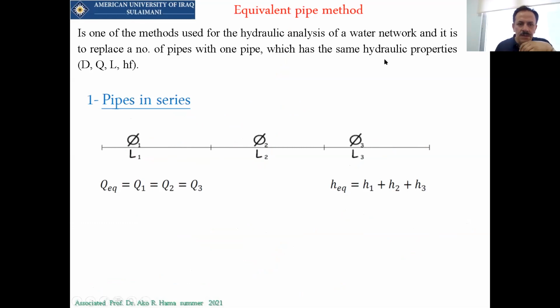Yes, doctor. Okay, so the flow will go through this way and this way and this way. I have a pipe, another pipe, and the idea is to hold the same flow. So this Q should be equal to the same Q. This is the equivalent pipe.